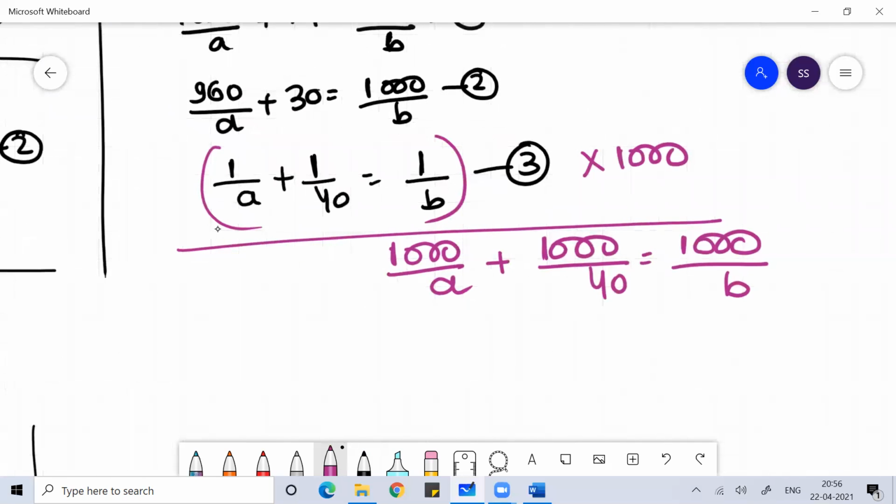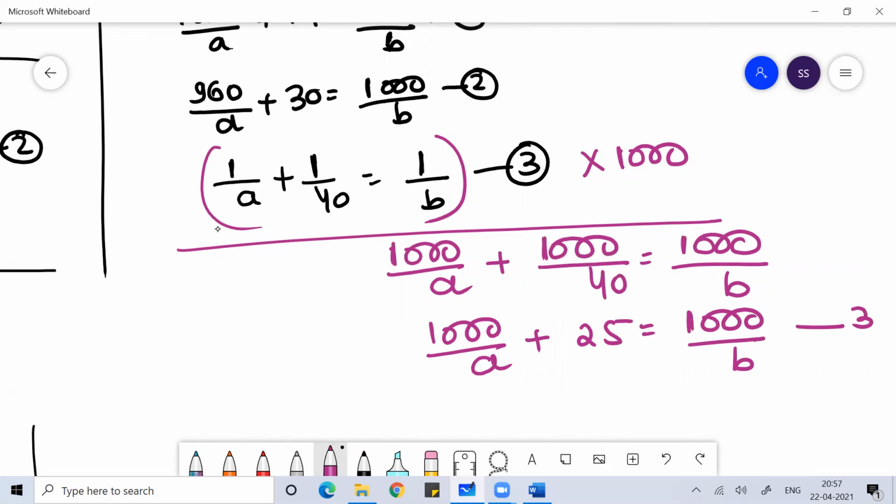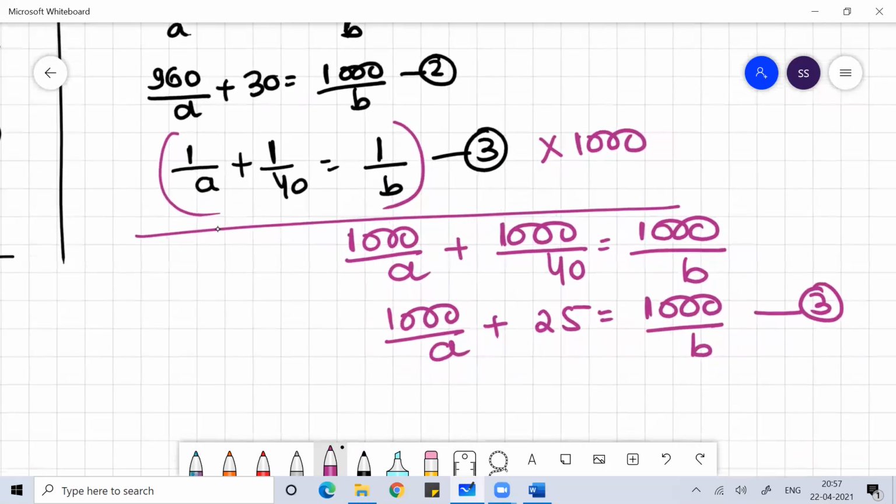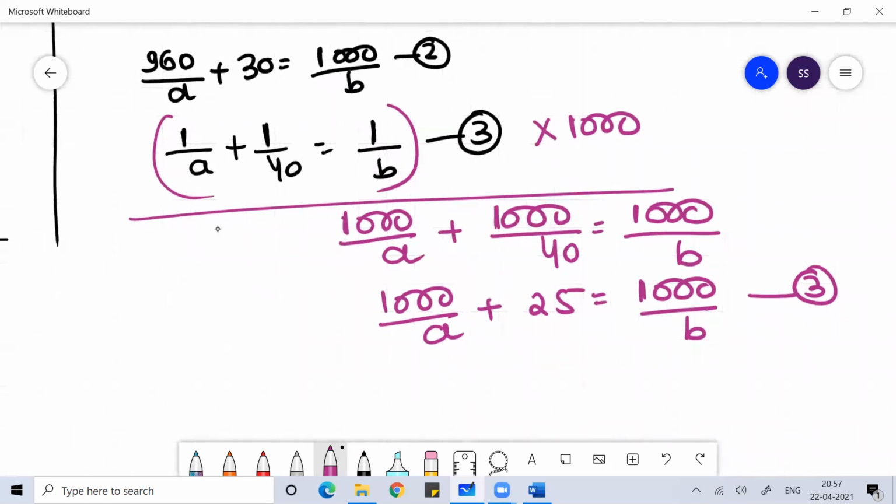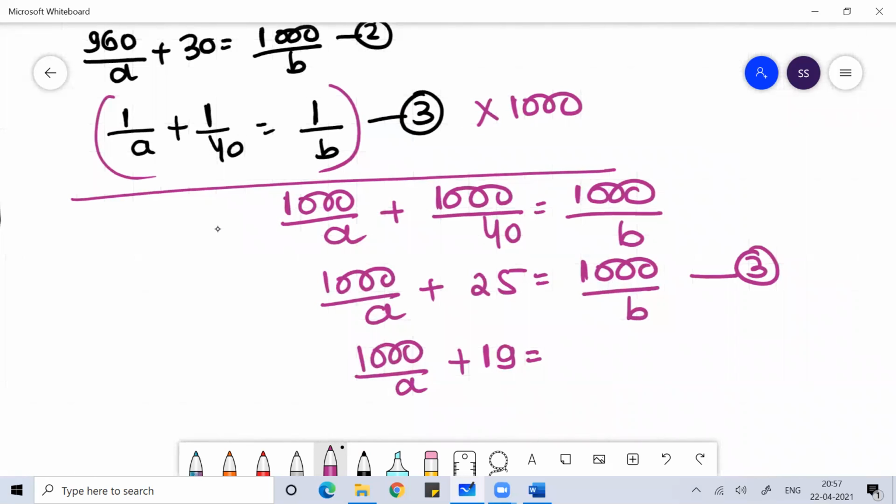I can write this equation as 1000 by a plus 25 is equal to 1000 by b. Then the first equation was 1000 by a plus 19 is equal to 960 by b. This is your first equation.